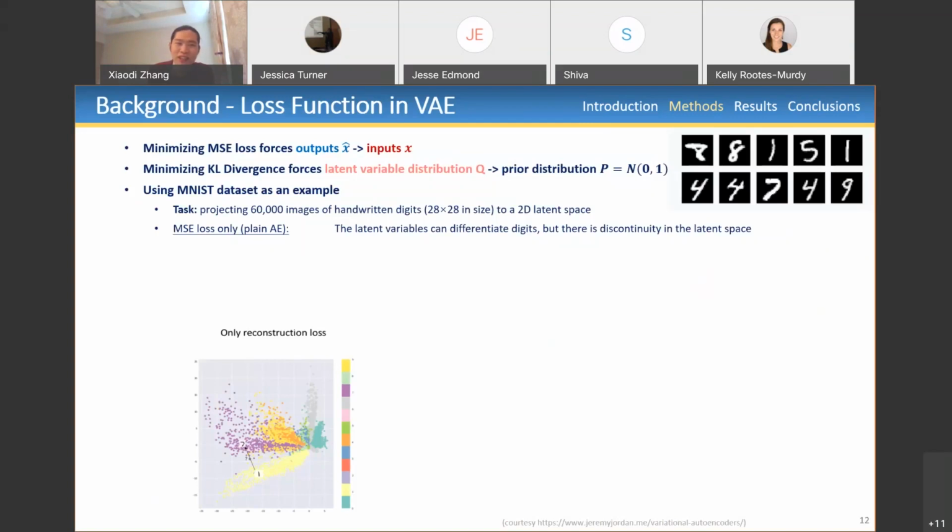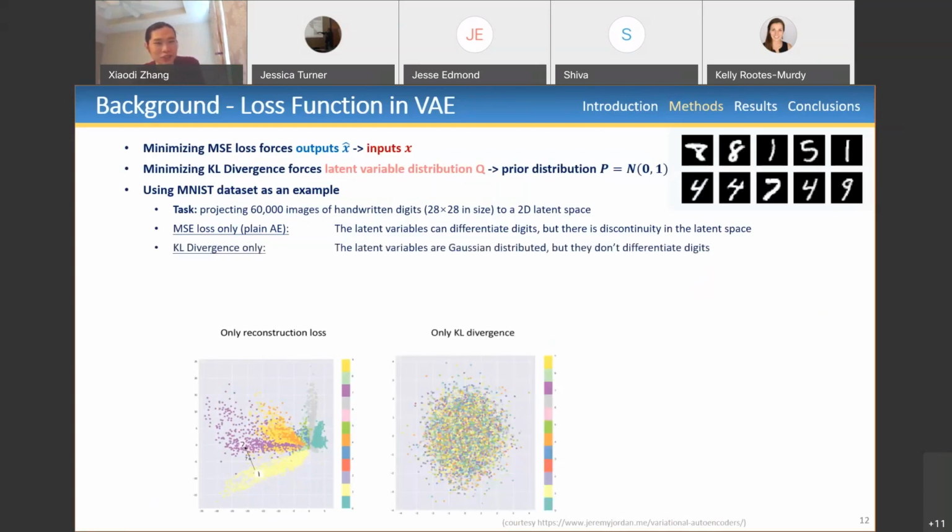And this is what you will end up having. You have a latent space where different locations represent different digits, and it shows different clusters, right? But you can see that there are some gaps between different clusters that you don't know how to interpret. So the latent space is not smooth in a way.